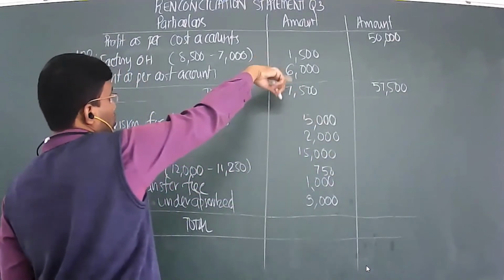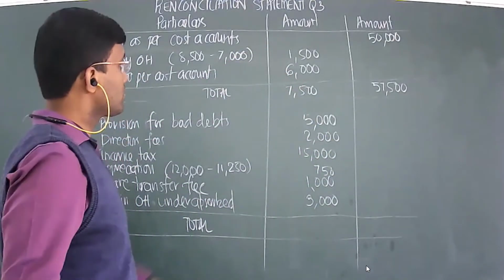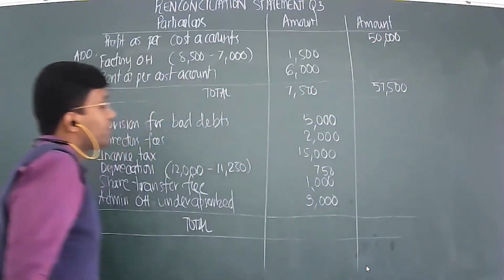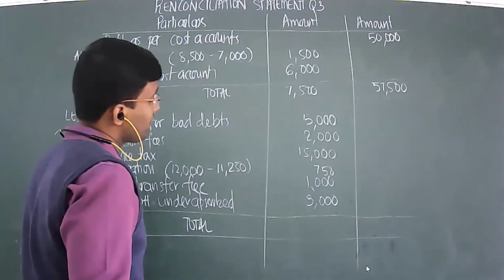The subtotal of this section works out to be 7,500. I have to add that with 5,000, and the total works out to be 57,500.